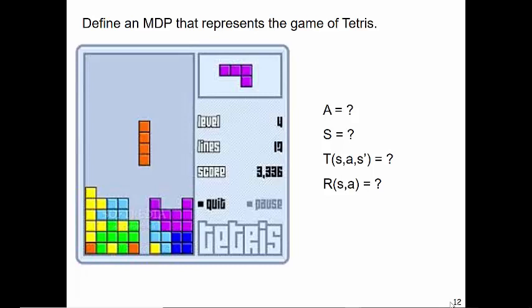I don't know if this is going to work, but you could have this matrix of all the cells that are available to be filled, and you just put a 1 in places that have something. So one part of the state space will be a binary matrix that tells you what's occupied and what's not.